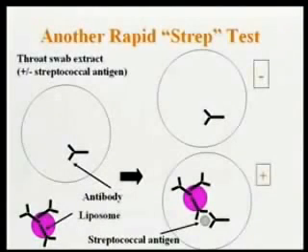I gave you one example of a rapid strep kit a few days ago. This is the sort of test that things are really done with nowadays. It's a little more complicated to understand, but it's worth doing because you may well be using this test in your own offices, or at least your nurses or technicians will. But basically, for the rapid strep test, you will take a throat swab, and you will extract the streptococcal antigen.